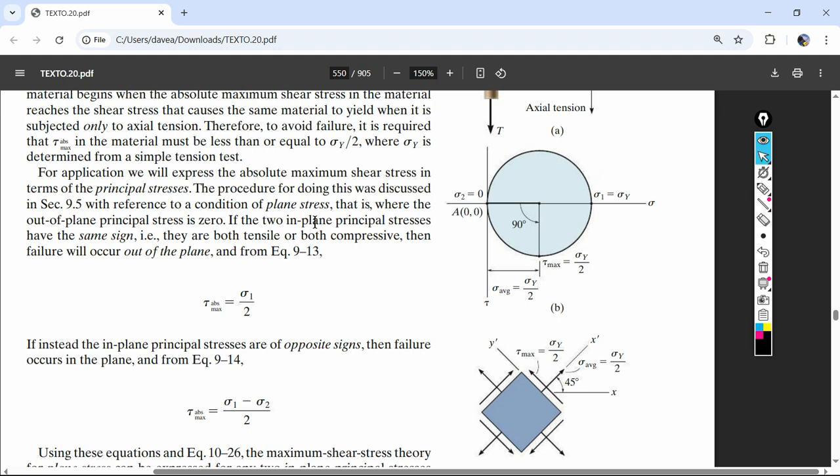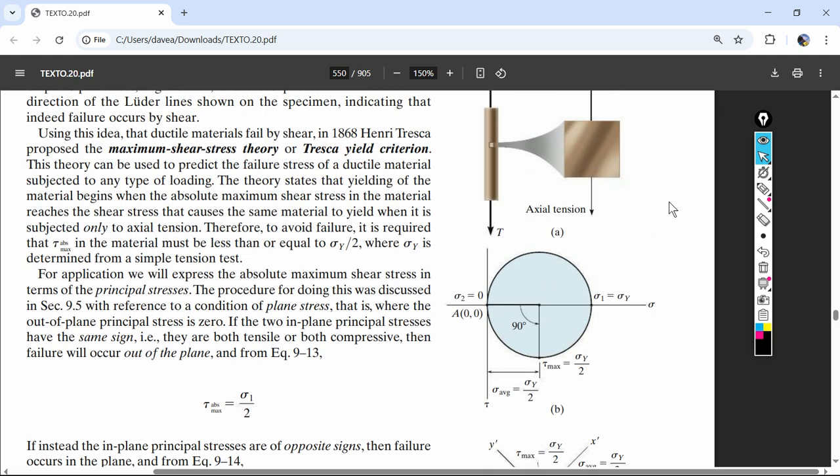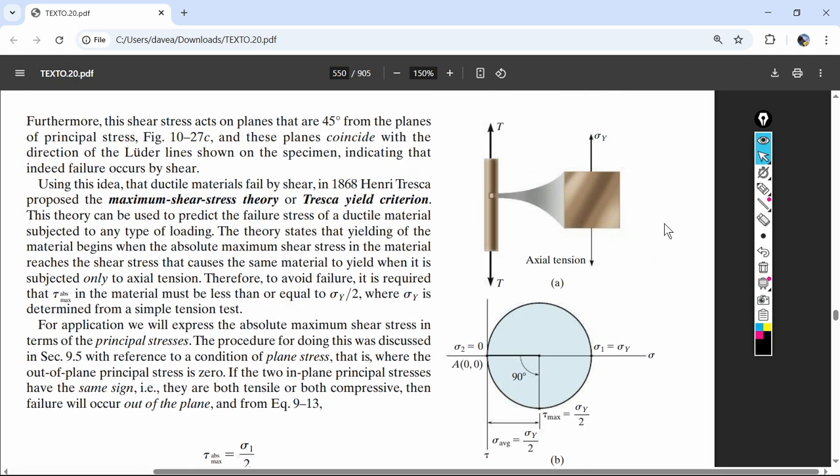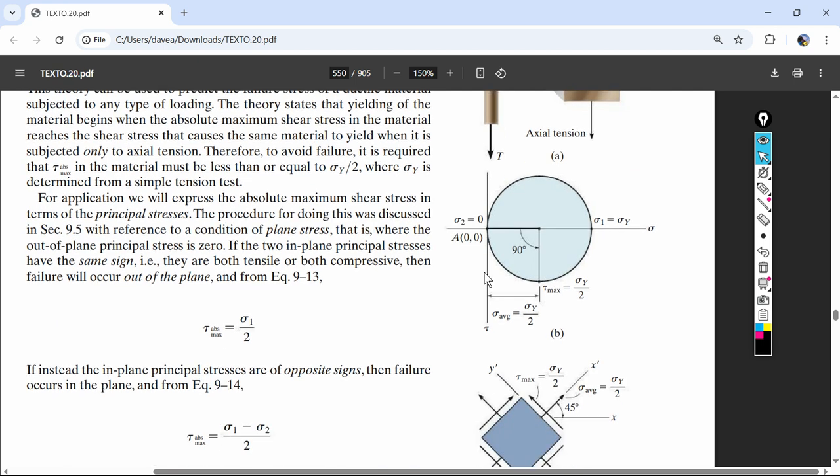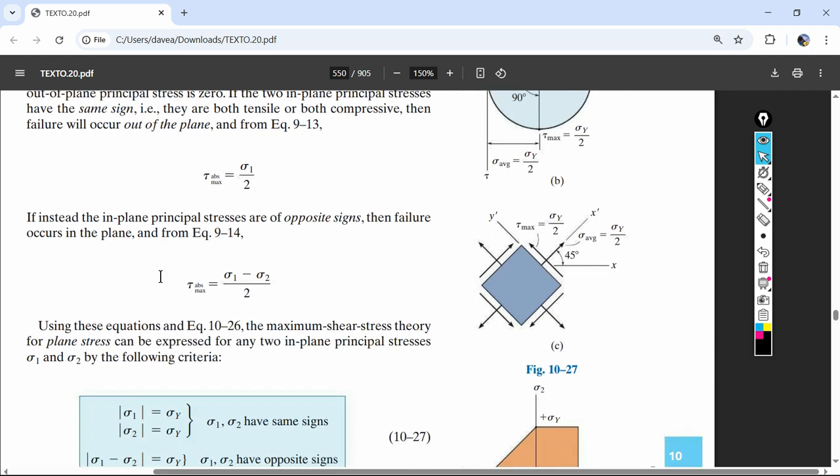All right, so if those two in-plane XY principal stresses have the same sign, they're either both tensile or both compressive, then failure will occur out of the plane.